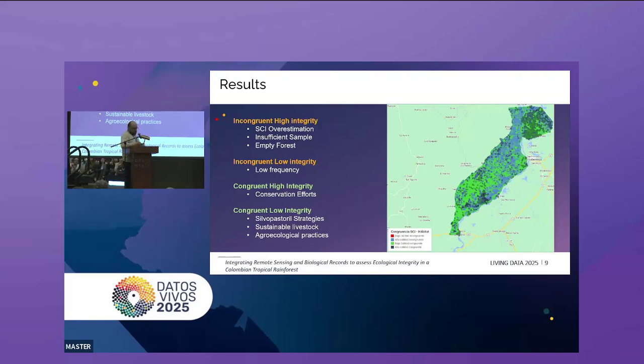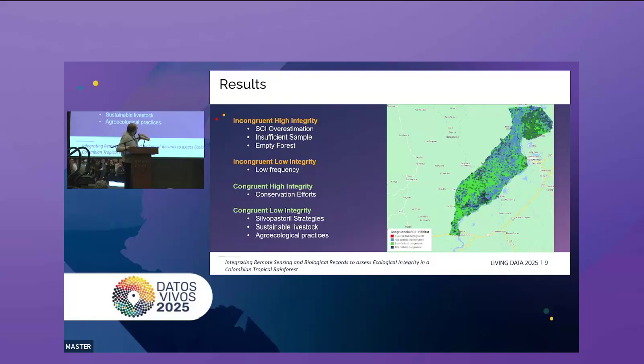And as you can see, the blue areas are areas that have high structural forest, but there are no biological records. So it could be just a sample of gap information, but also it could be a sample of the empty forest problem, where the forest maintains its structure, but the species that we find there are not the species that we want to find related to the forest.